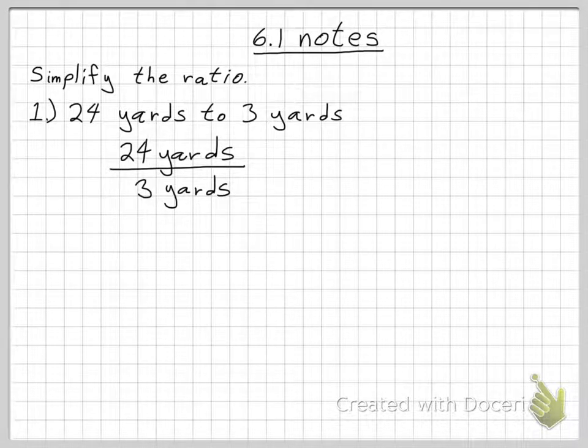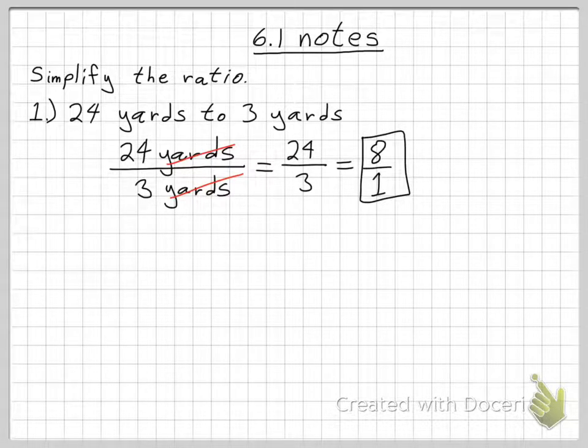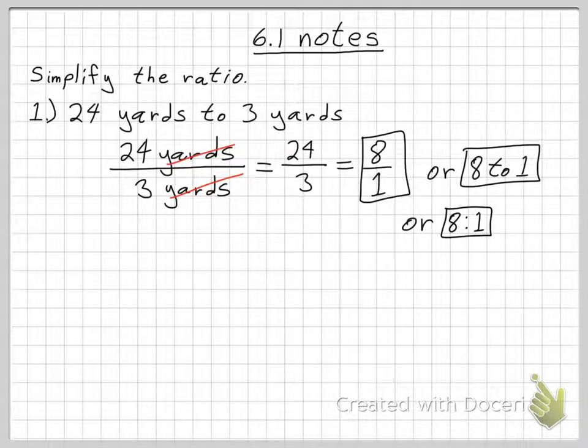And obviously yards is the same word as yards, so they can divide out. And we're just stuck with the numbers, 24 to 3, which simplifies to 8 to 1. So we would call the answer 8 to 1, and actually write the word TO, 8 to 1. We can also use a colon, but we still say in words, 8 to 1.